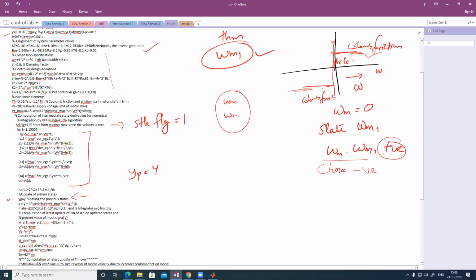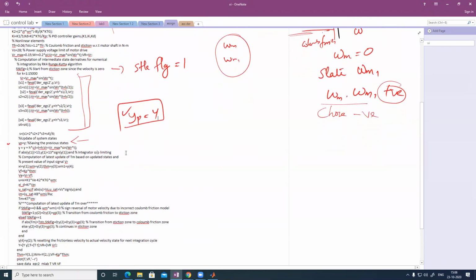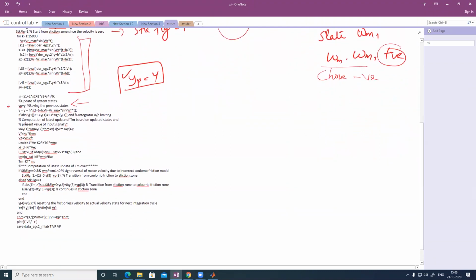Whatever the previous states are, we are saving them in YP, and this x of I is y of 1, omega m is y of 2, theta m is y of 3, and omega m1 is y of 4. This is the new state, and all these you did last week, and U saturation and TM also. This much part is the modification.